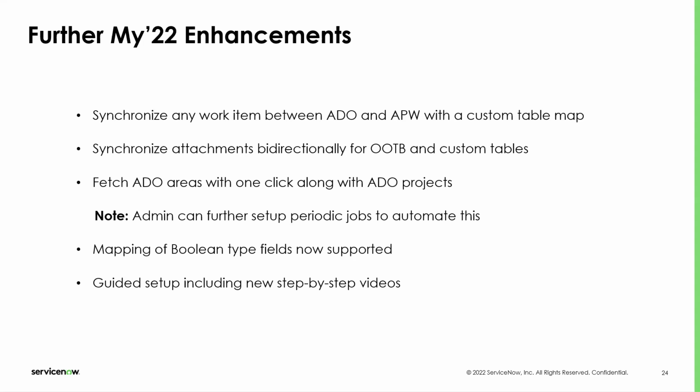A typical common use case can be that you would like to have a custom table called feature on the APW side, and you have features available on the ADO side. Then you can create that custom table as feature in APW, and then create a custom table map for mapping the feature on the APW side to the feature on the ADO side. And then, as you saw, the syncing for Epic, you can do the same for features.